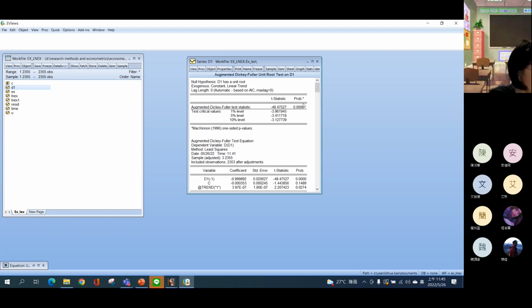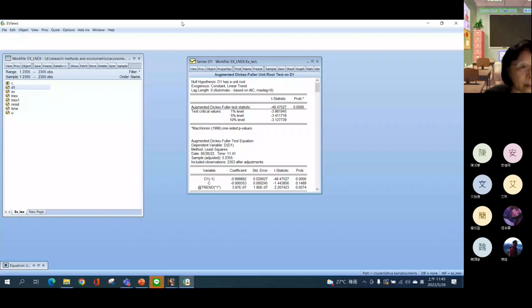The second one is to use the first difference of the original variables. We did that, and it shows us that it becomes stationary.